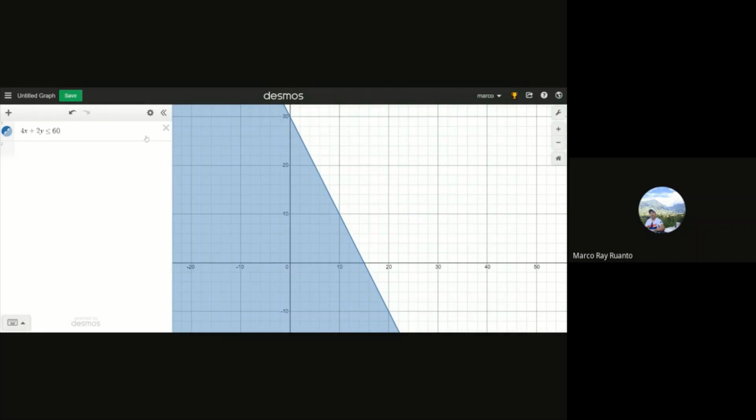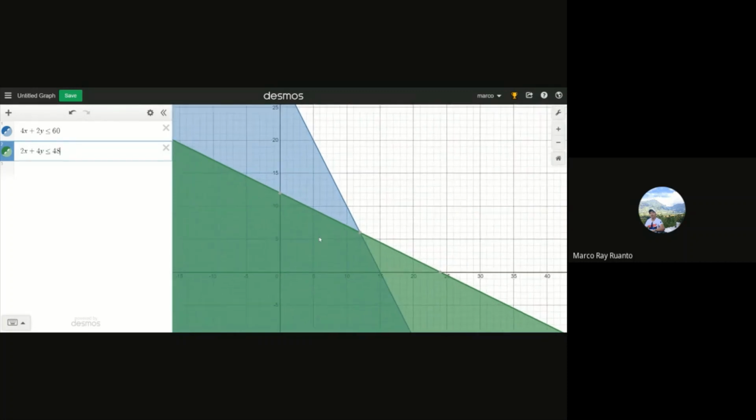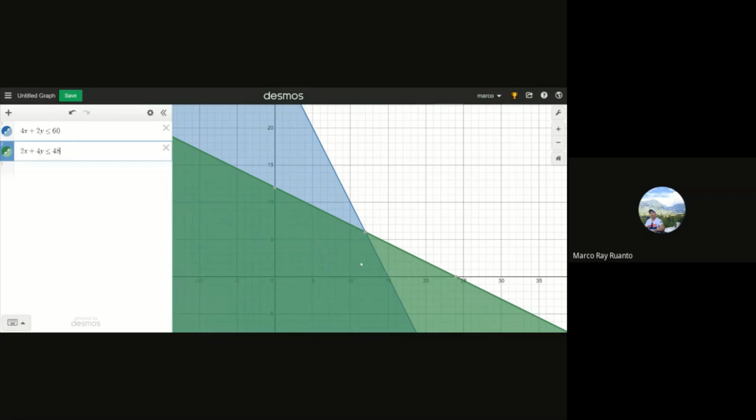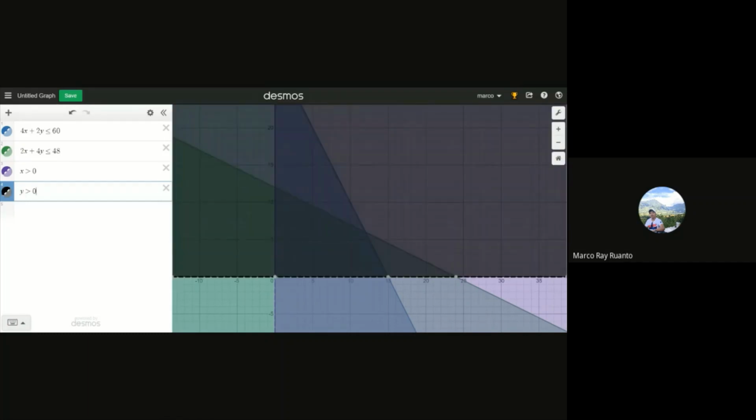The next one, we have 2x plus 4y less than or equal to 48. Then we also have the non-negativity constraints: x is greater than 0 and y is greater than 0.